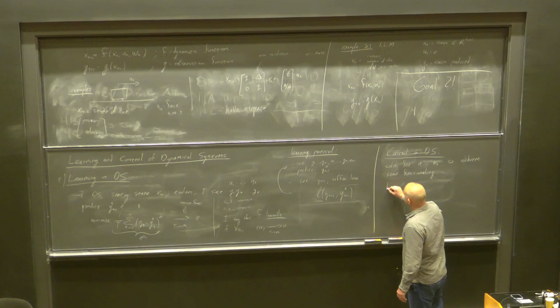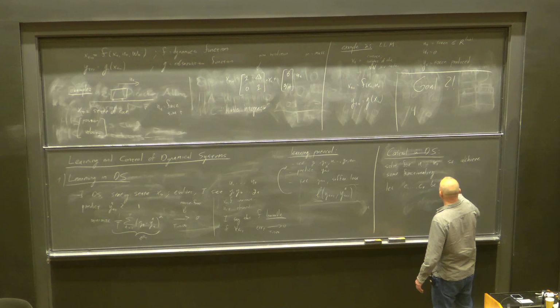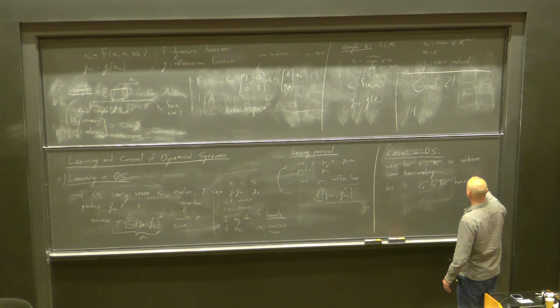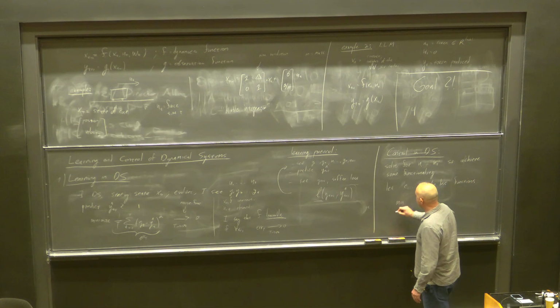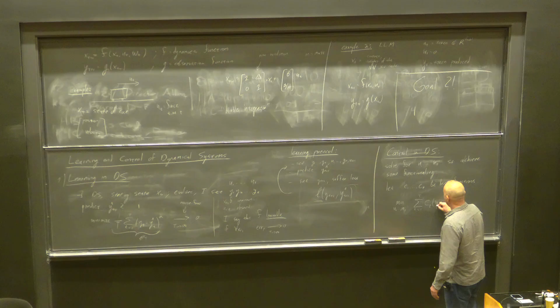Let c1 to cT be loss functions. And what I'd like to do is to minimize over u1 up to uT the summation over t from 1 to big T of c_t(y_t, u_t).